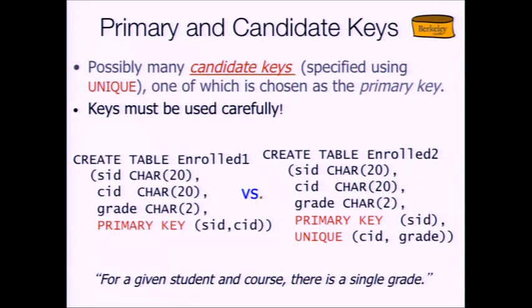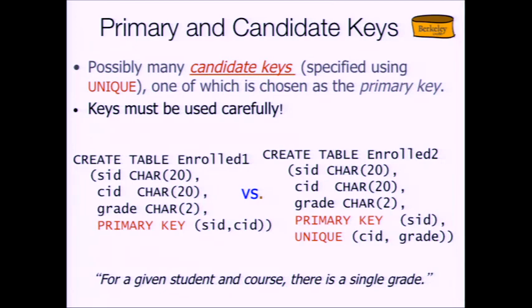Enrolled 2 says, well, no, the primary key is just going to be SID. But I want to make sure that the combination of CID and grade is unique in this table. So we have to parse through what these mean.